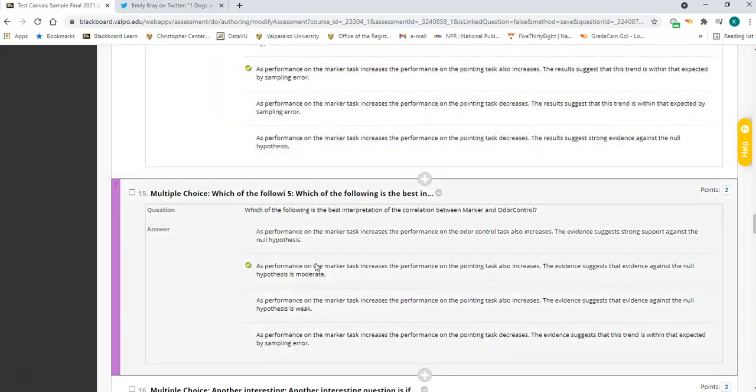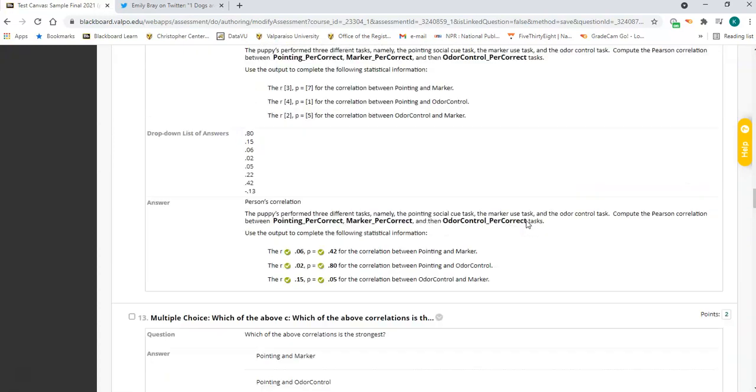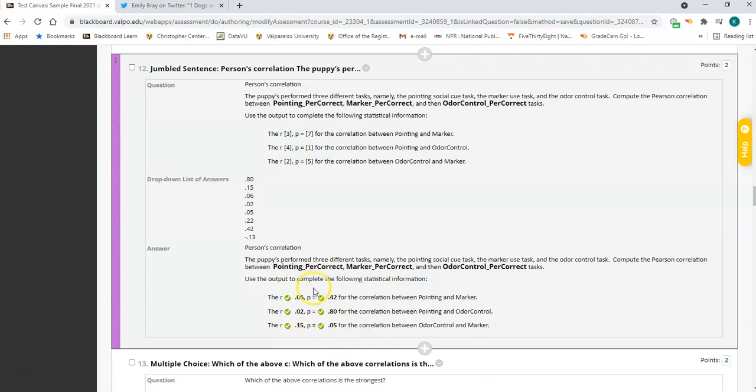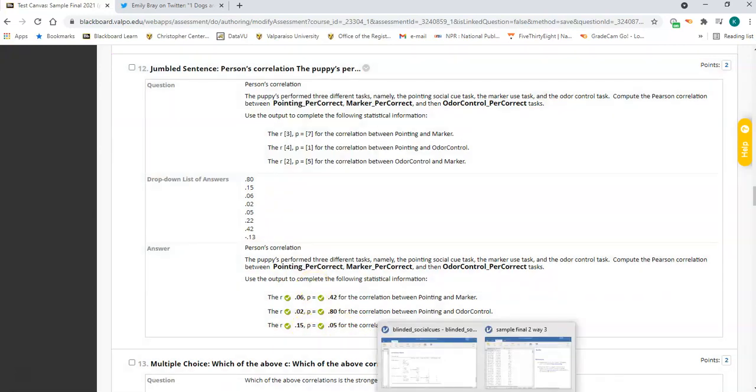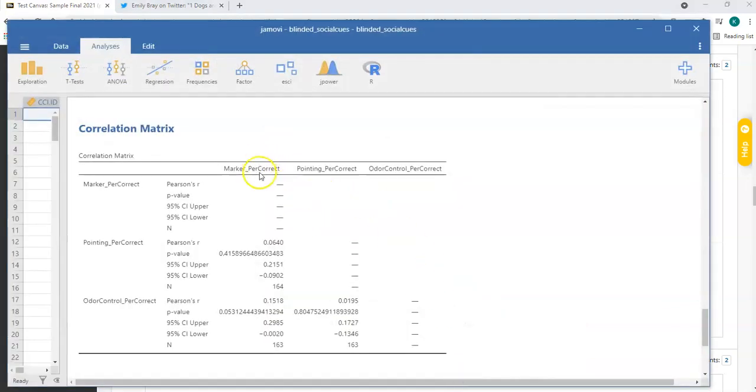Which of the following is the best interpretation of the correlation between marker and odor control? So marker and odor control, well, I guess I should be going back here to find that. So marker, odor control, here's the correlation, here's the p-value. How do you interpret that?